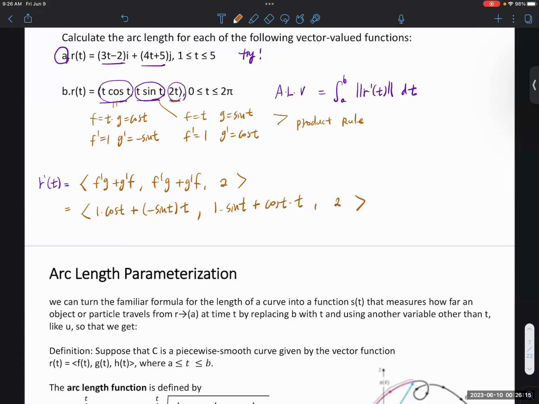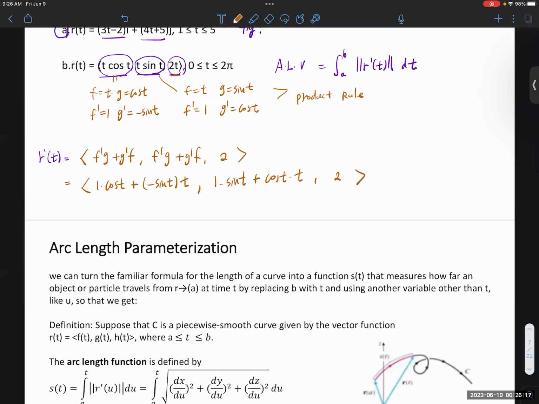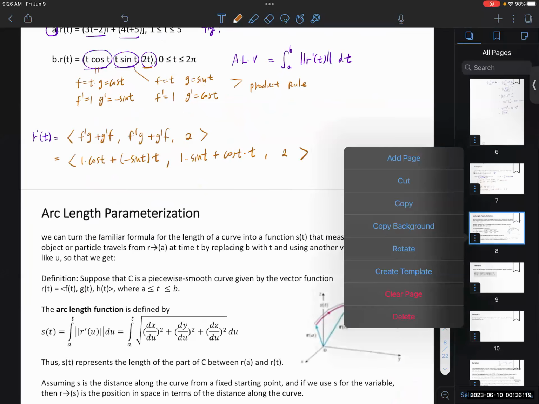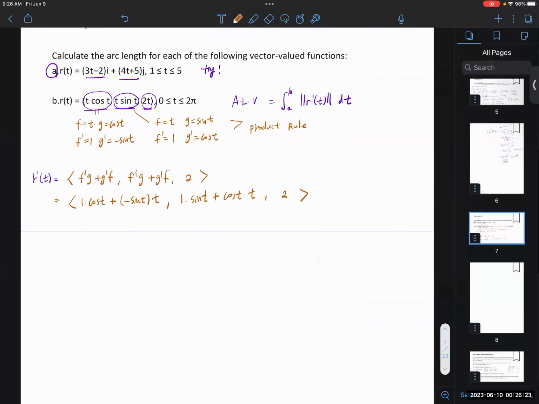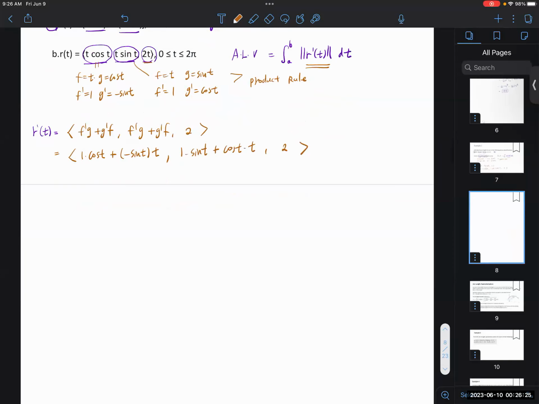Are we okay? Let me rewrite it. I need more space, because we need to use this formula. So I need R prime. R prime is cosine t minus t times sine t, I changed the order, and then 1 times sine t plus t times cosine t, and 2.